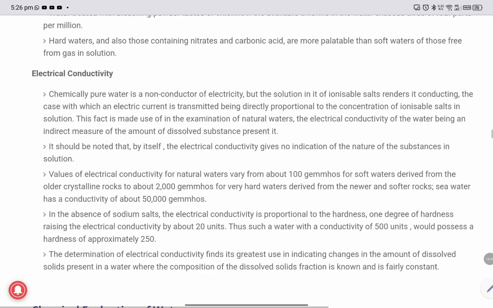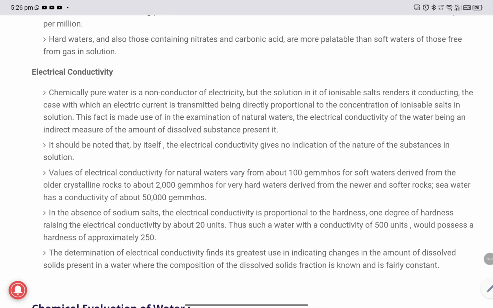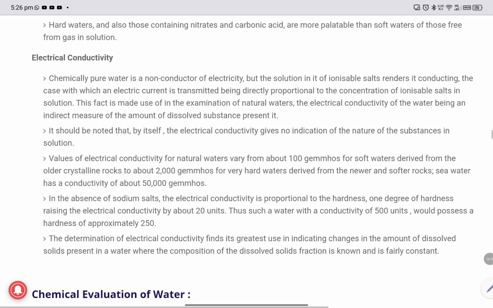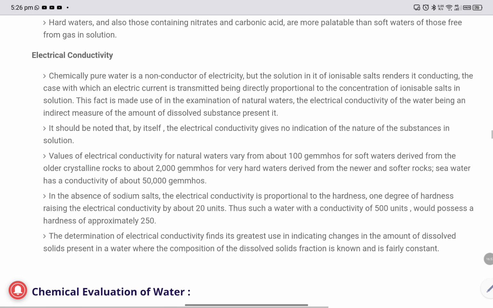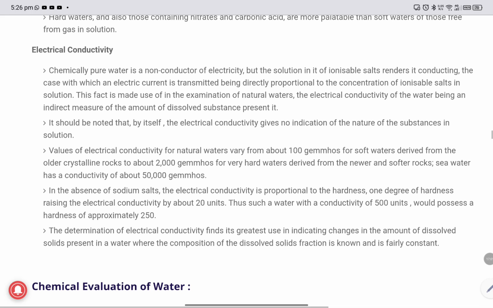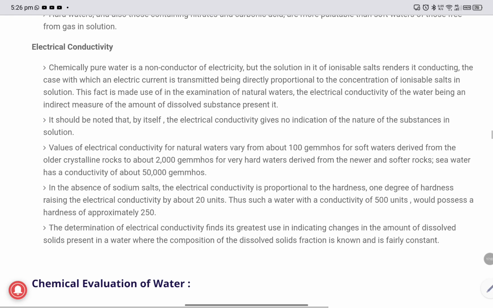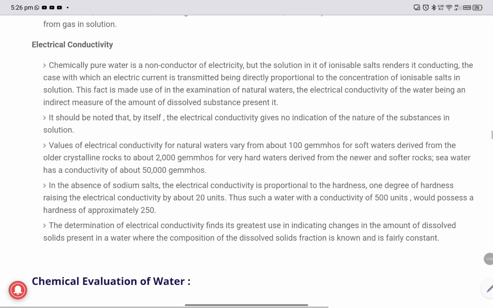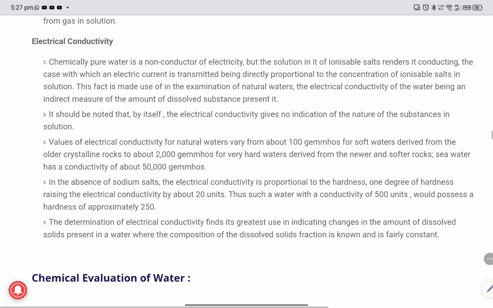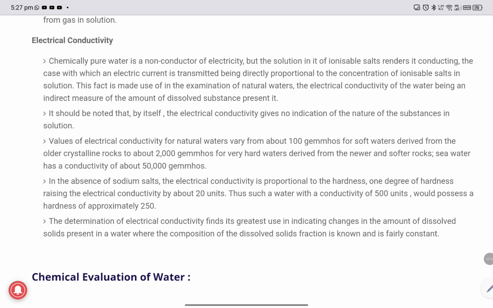Electrical conductivity. Chemically pure water is a non-conductor of electricity, but the solution in it of ionizable salts renders it conducting, the ease with which an electric current is transmitted being directly proportional to the concentration of ionizable salts in solution.